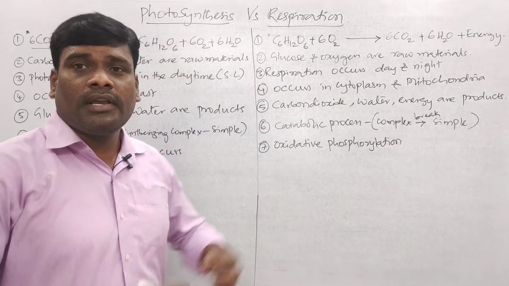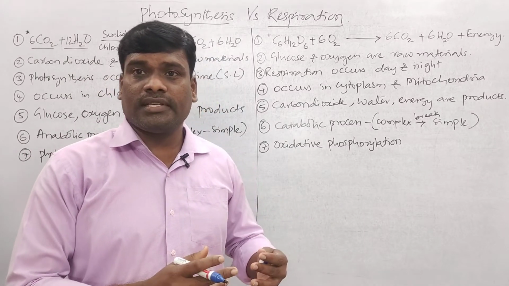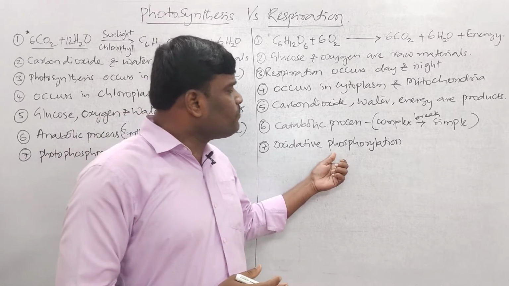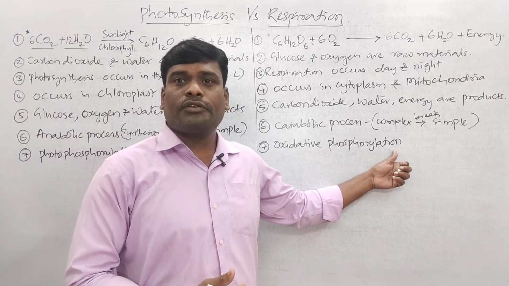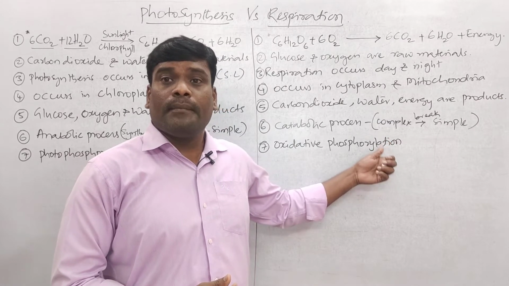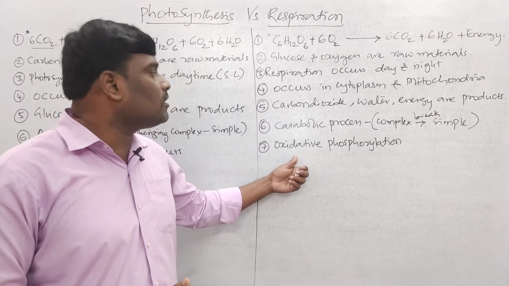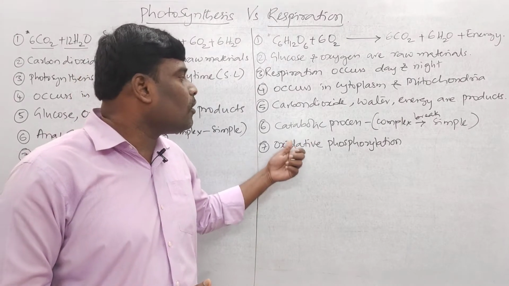It is the last one. So that is nothing but a production of what? ATPs is seen, isn't it? So here also the same, phosphorylation is nothing but production of ATPs. But here the production of ATPs is seen because of utilizing of oxygen.